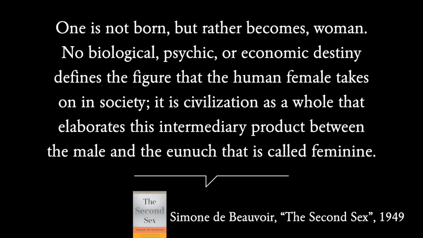And in writing that, she calls out this process of naturalization. There may be physical differences, but civilization as a whole has built a narrative of the feminine separate from those differences. She makes it clear that the category of woman describes a position within society rather than a biological reality.